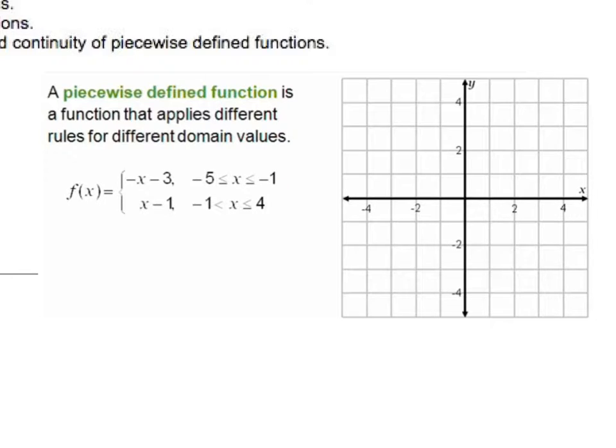There are a couple of ways to go about this, but I'm going to graph negative x minus 3 and plot some points. I know that this function has a y-intercept of negative 3, and then a slope of negative 1. So I'll make a graph here that has a slope of negative 1.